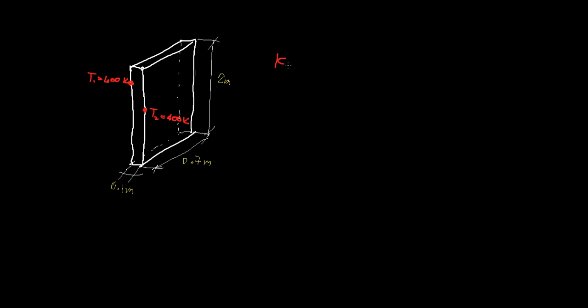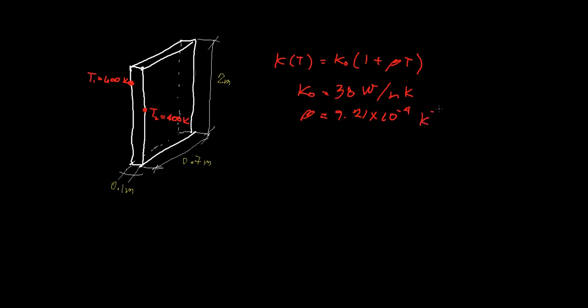The thermal conductivity of the bronze plate is given as a function k = k sub 0 (1 + beta T), where k sub 0 is equal to 38 watts per meter Kelvin, and beta is 9.21 times 10 to the negative 4 per Kelvin.